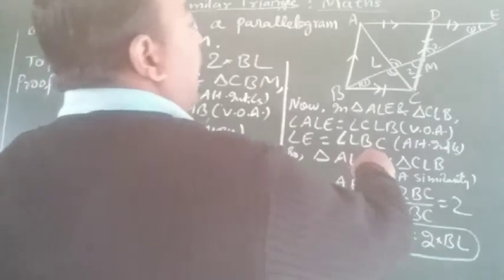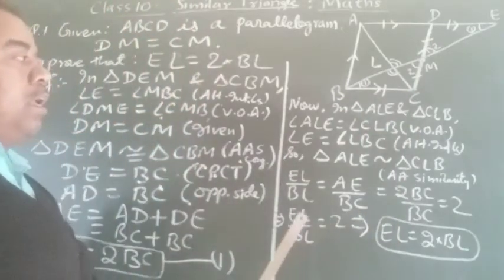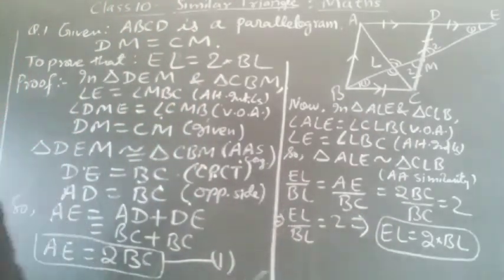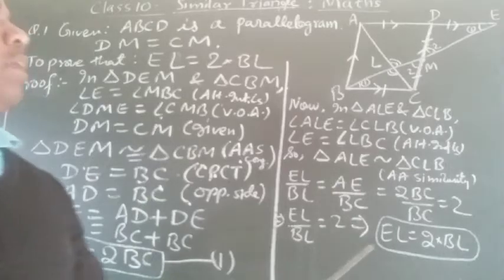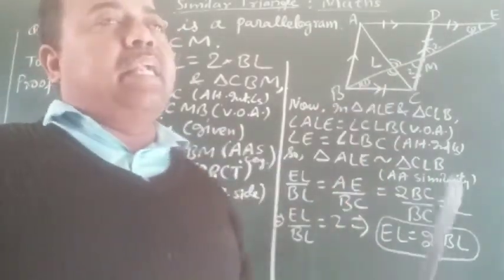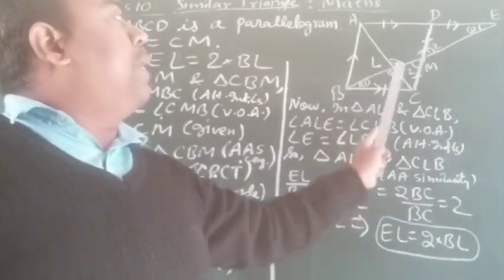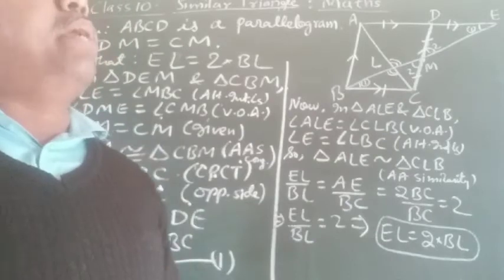Angle E and angle LBC, angle E is this, angle LBC is this. Both are alternate interior angles. Both are equal, and for making similarity we need only two angles. First angle, vertically opposite angle. Second angle, this is alternate interior angle, already shown. So triangle ALE and triangle BLC are both similar triangles.